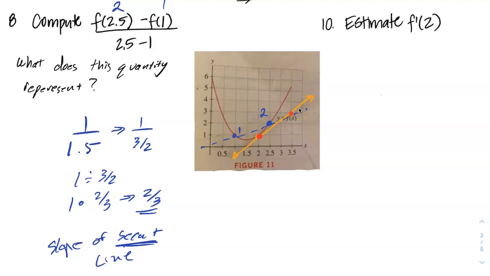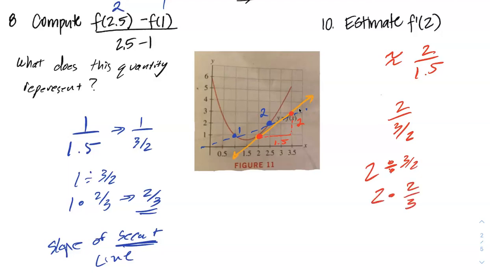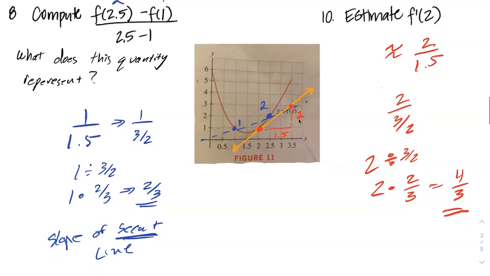Based on those, if I run 3 spots, I guess 1.5 spots technically, and I go up 2 spots, I get approximately 2 over 1.5, 2 over 3 halves, 2 divided by 3 halves, 2 times the reciprocal, so 2/3. So I get 4/3. And again, that's just an estimation. You get something different. It all depends how you drew the line. Just an estimate. So there's that.